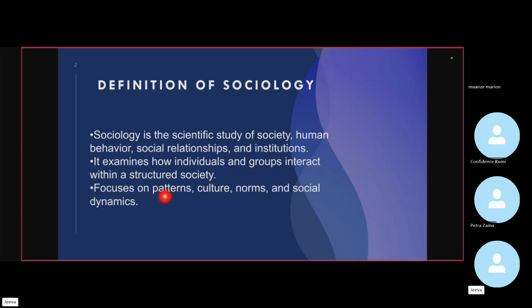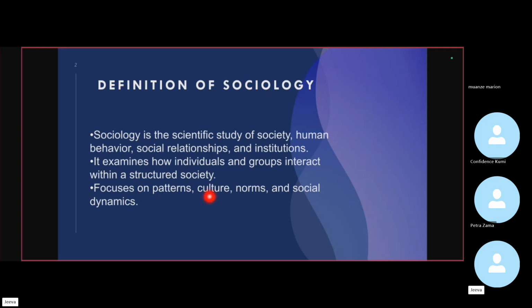Sociology focuses on the different patterns, cultures, norms or standards, and social dynamics. Social dynamics means how people interact among themselves and how that shapes social behavior.